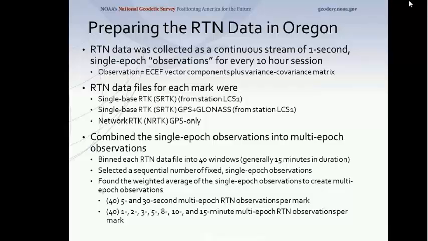We created 40 5-second shots throughout the day, 40 30-second shots, 40 1-, 2-, 3-minute shots, all the way up to 40 15-minute shots at each mark, for each of the different settings, SRTK and NRTK. Ultimately, we ended up with over 1,000 RTN shots per mark for analysis.